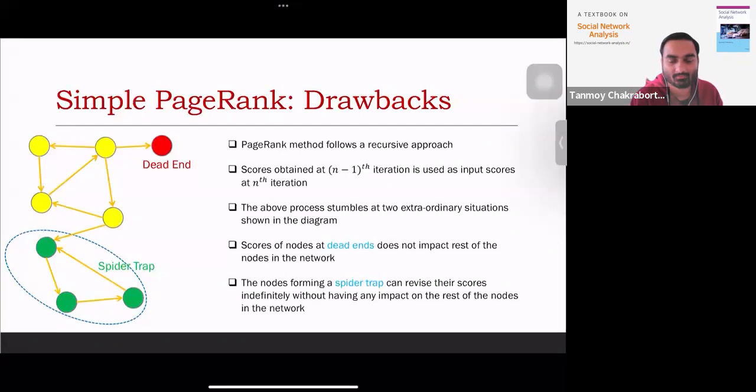So the person doesn't know how to move. What he does is he basically follows any path and starts moving, because he doesn't know where to go. He's a drunk person, so he follows any path and moves.